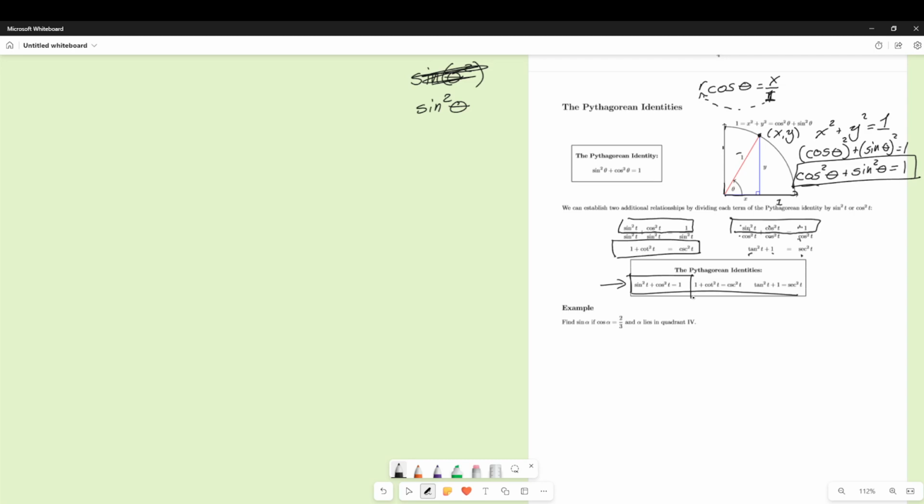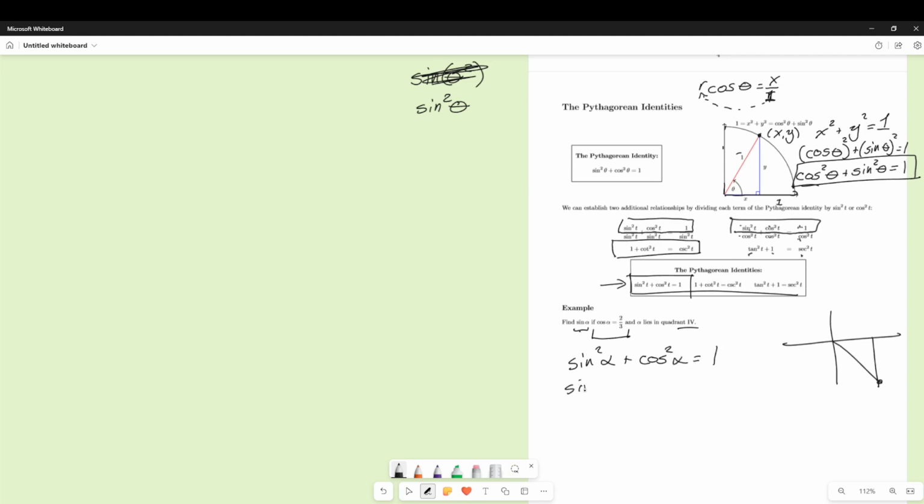Now this allows us to do a number of powerful things as we go on, but real quick, just as an example, if we know that the cosine of an angle is 2/3, and lies in quadrant 4, always draw in quadrant 4. And we want to find the sine value. Well, we know that the square of the sine value at that angle plus the square of the cosine value for that angle has to equal 1.